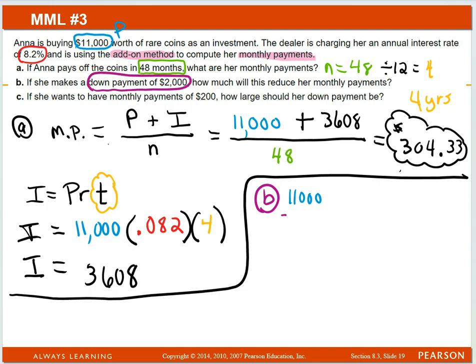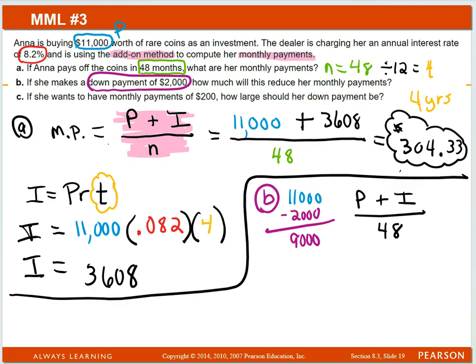So she'll give him the $2,000, but when you subtract it, she still needs to borrow $9,000. So you're still doing principal plus interest divided by n, the P plus I. We are still using the add-on method, so it's P plus I, still all divided by the 48.